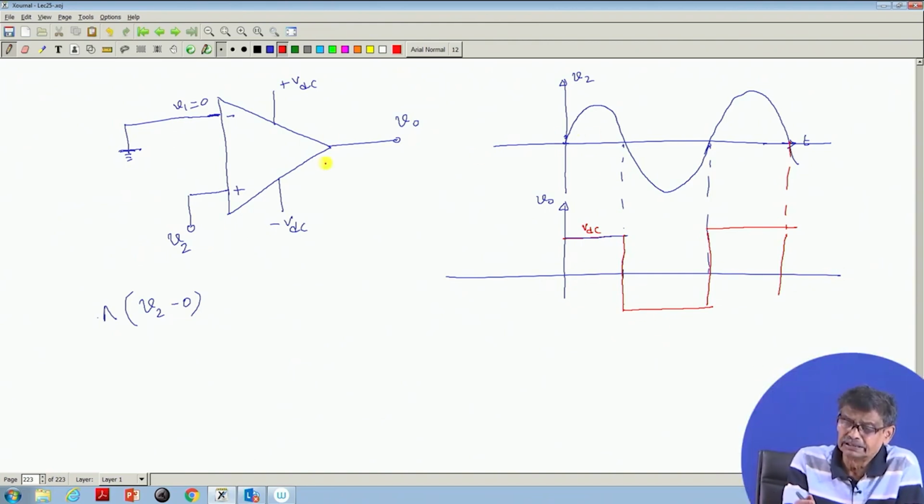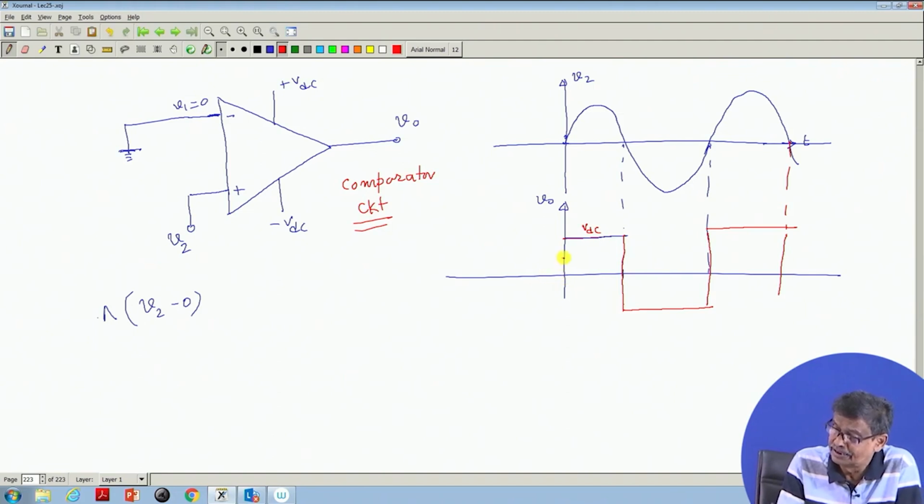Therefore, with this circuit, of course, you can convert a sinusoidal voltage to a square wave voltage. Such a circuit is called a comparator circuit. No feedback is used, comparator circuit, very much used comparator circuit.